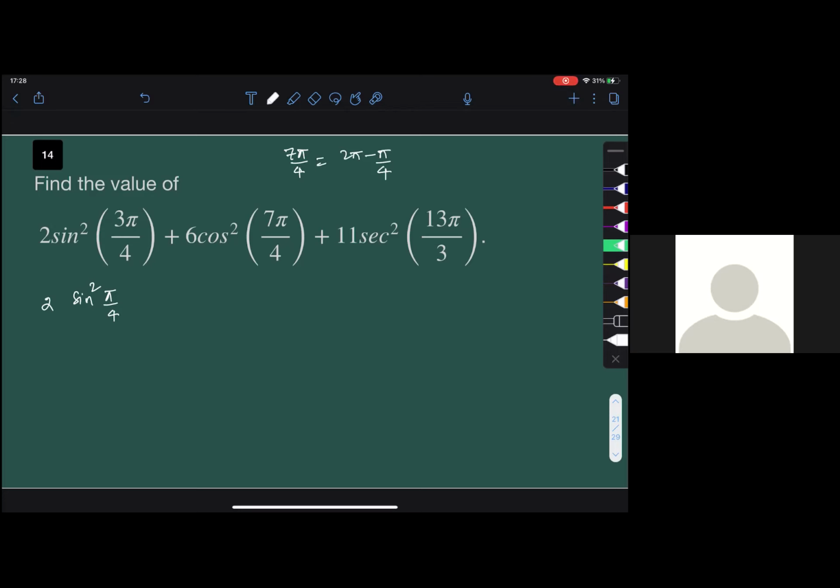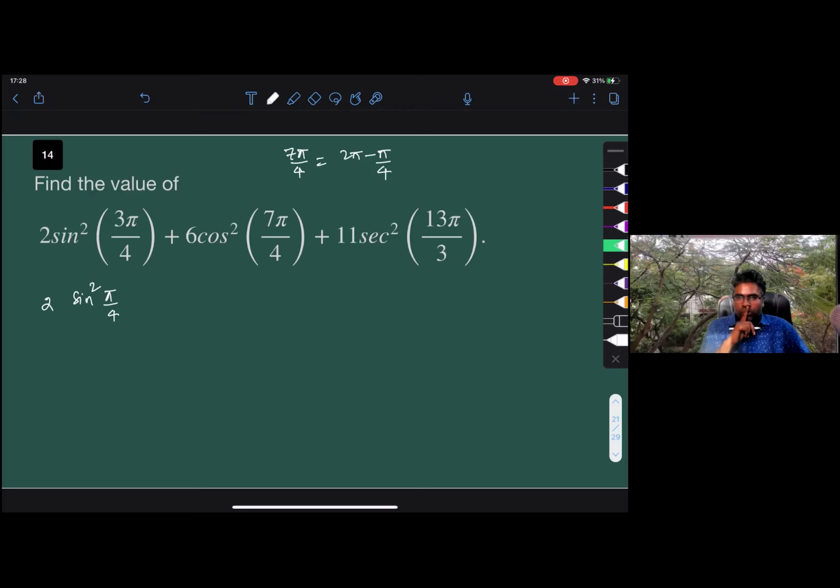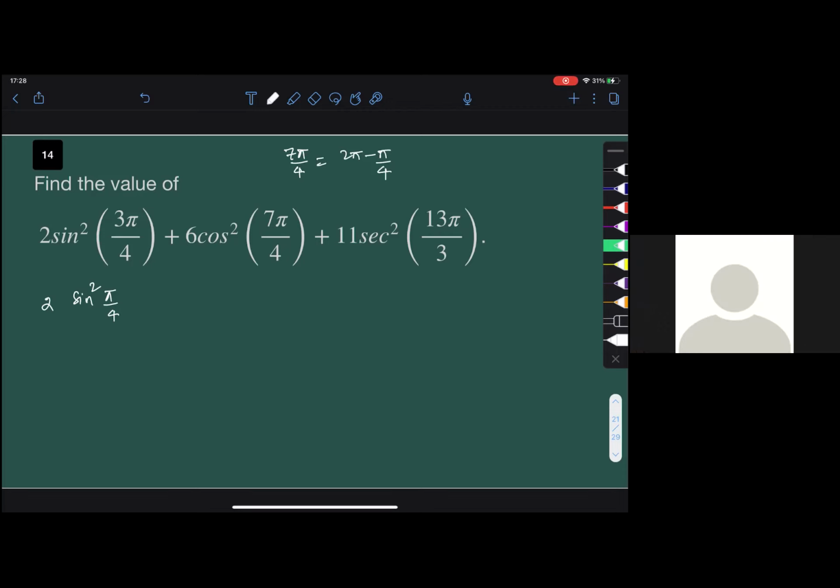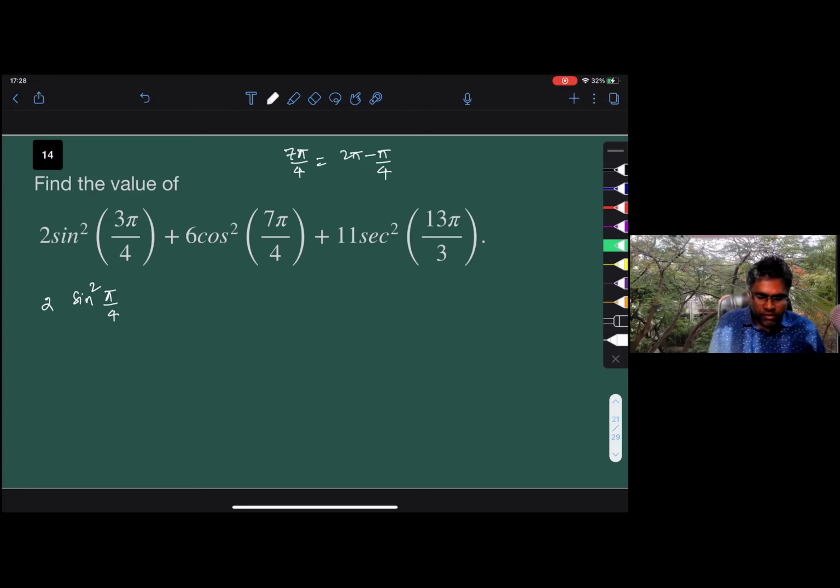Pi by 4 would be 45. So minus 45. So which quadrant are you in now? Fourth quadrant. And cos is positive there. Again, since we are squaring, we don't bother, but still we want to write it correctly. So can I say we can write it as pi by 4?